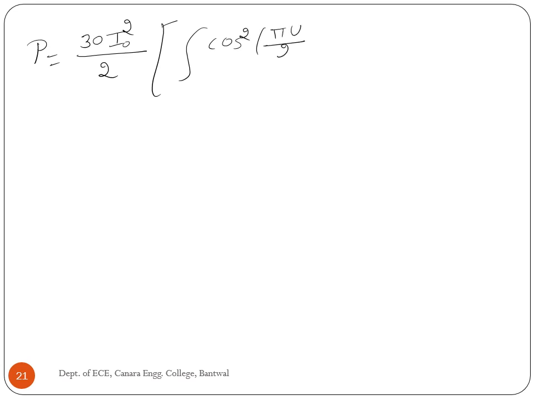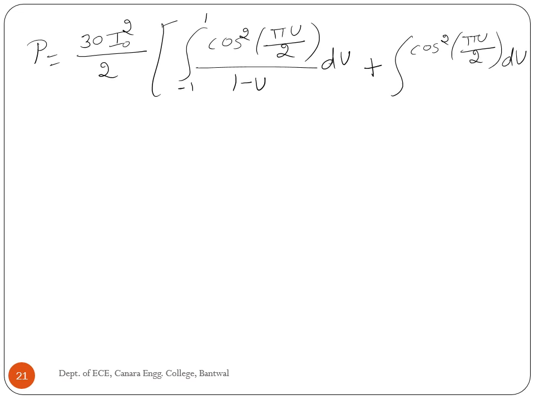After substituting 1 by 1 minus u square in the radiated power equation, we can write the radiated power equation as 30 I naught square divided by 2, integration of cos square of pi u by 2 divided by 1 minus u du, limit minus 1 to 1, plus integration of cos square of pi u by 2 du divided by 1 plus u, limit minus 1 to 1.